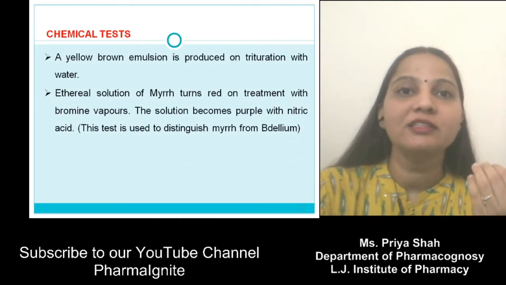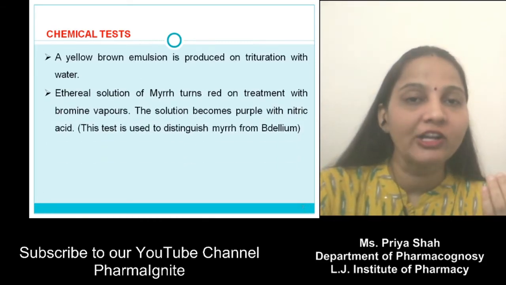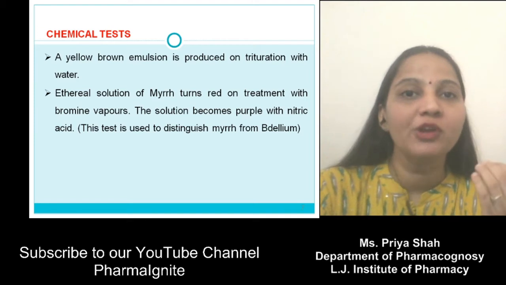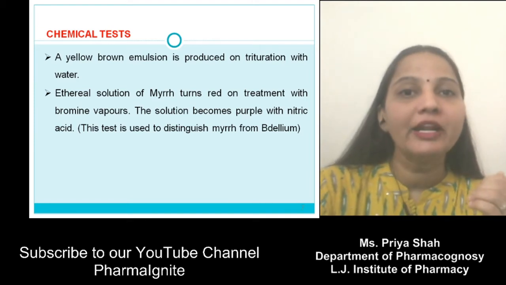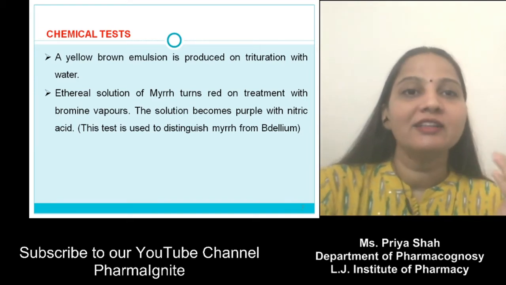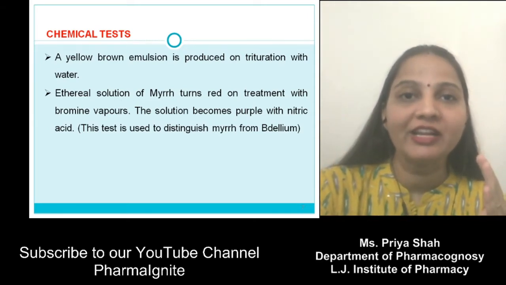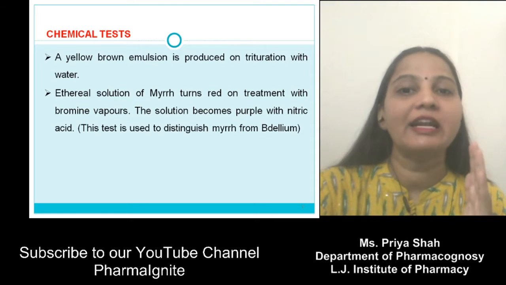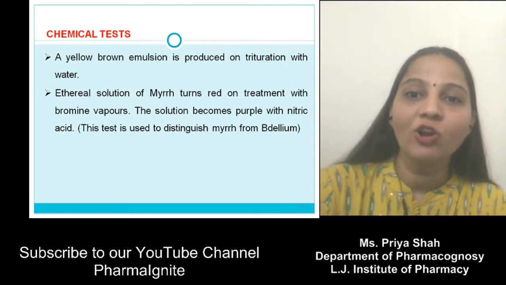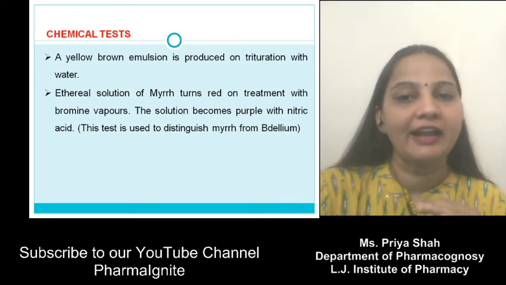Now the chemical test: while triturating with water, as it has oleogum resin properties, it will form an emulsion. The second test is the ethereal solution: on giving treatment with bromine water it will give a red color, and this solution becomes purple with nitric acid.